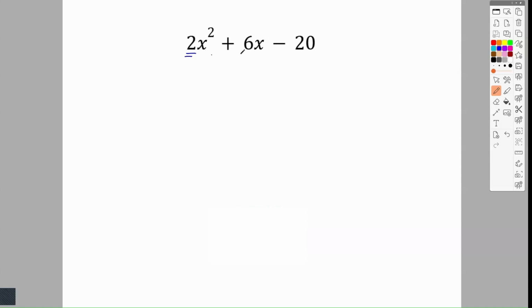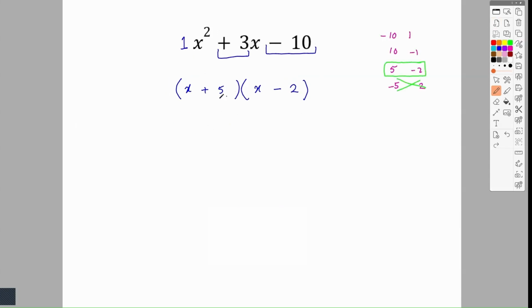If you factor 2 out of the whole expression, it can be 2 outside the parentheses, x squared plus 3x minus 10. So now we have the same previous equation. So we can just put 2, and if you remember, we have x plus 5 and x minus 2.